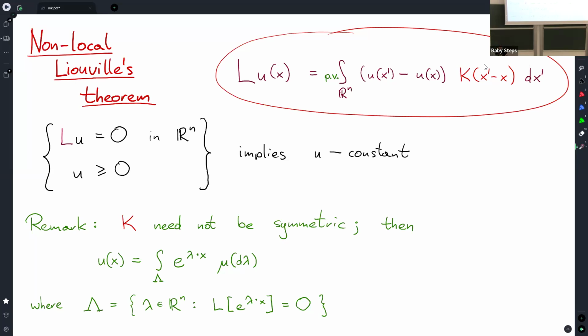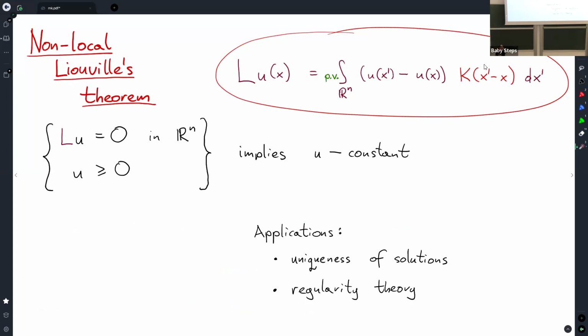So in this case, you can prove that every L-harmonic function is an integral of exponential functions with respect to some measure over a set of parameters for which these exponentials are indeed L-harmonic. So the formulation is not as nice as for the symmetric case, but the proof is virtually the same.